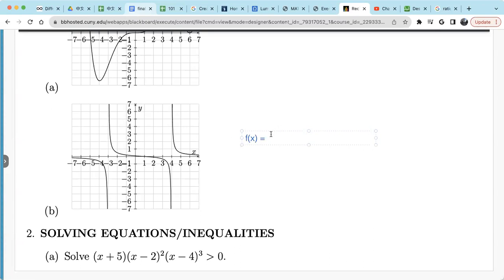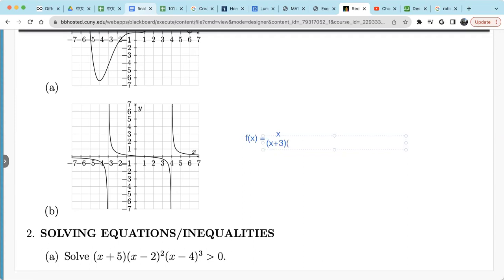That means the degree of the numerator is lower than the degree of the denominator, right? And then we check, we have two vertical asymptotes. x equals -3 is a vertical asymptote. That means in the denominator we have x minus -3, which becomes x plus 3.